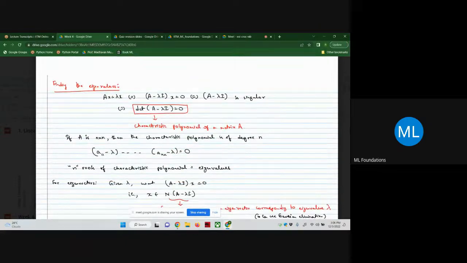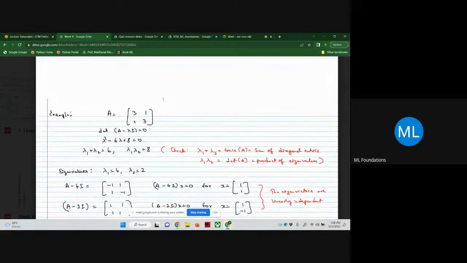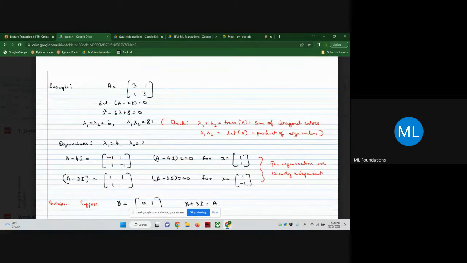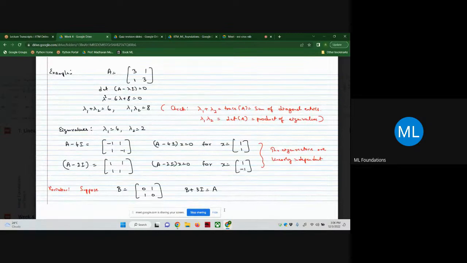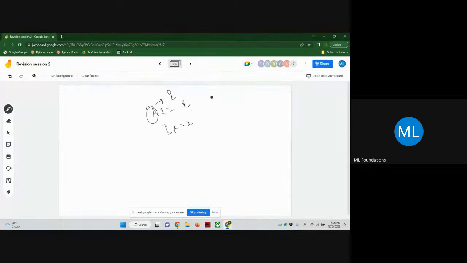To find the eigenvalues, we can use the determinant of A minus lambda I equals 0. Using the polynomial equation we can find the lambda values, and using the lambda values we can find the vector x, by using A minus lambda I into x equals 0, right? So if you know lambda, then we'll get an A minus lambda I matrix, and this matrix multiplied by x equals 0.